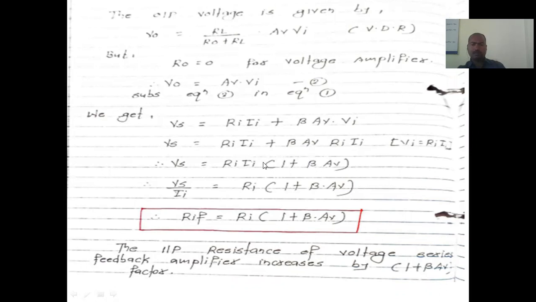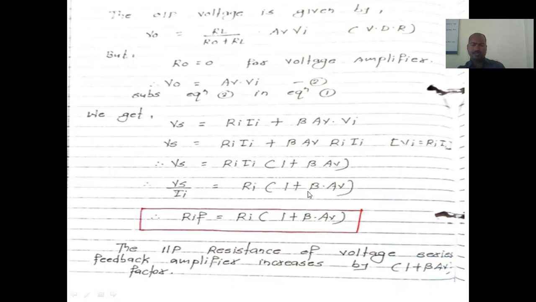We have taken out Ri into I as common, so Vi is as it is. This I we take here, because it is multiplied there and goes here as divided. So Vi upon I is equal to Ri into 1 plus beta into AV.